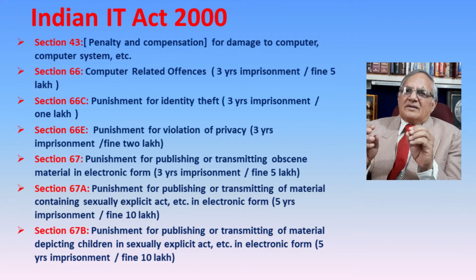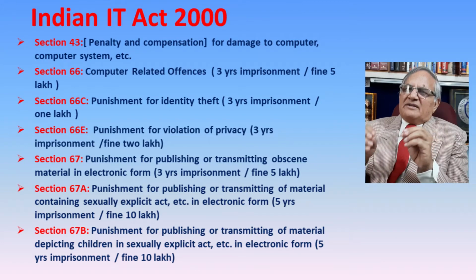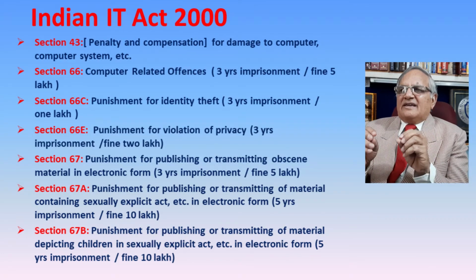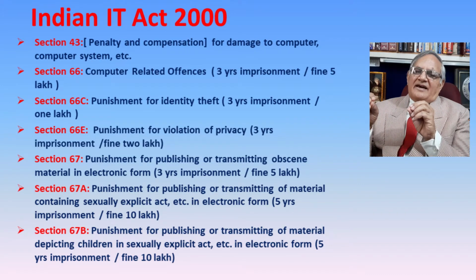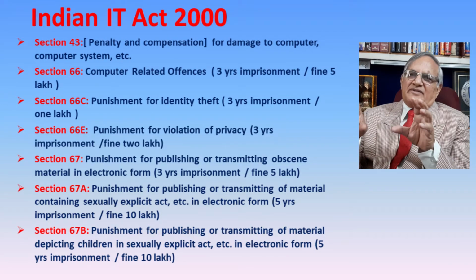Then comes the case where the culprit publishes or transmits any obscene material in electronic form. It is punishable with 3 years imprisonment and a fine up to 5 lakh rupees on the first conviction, and if he repeats it, the imprisonment is enhanced up to 5 years and the penalty up to 10 lakh rupees.